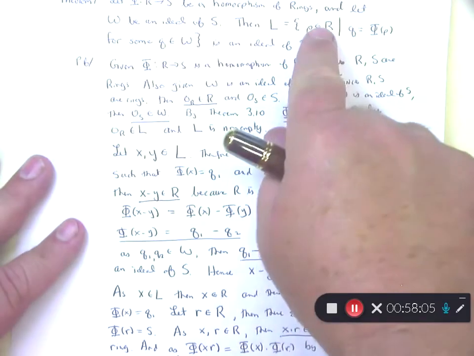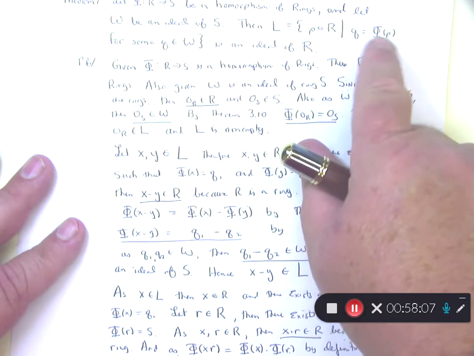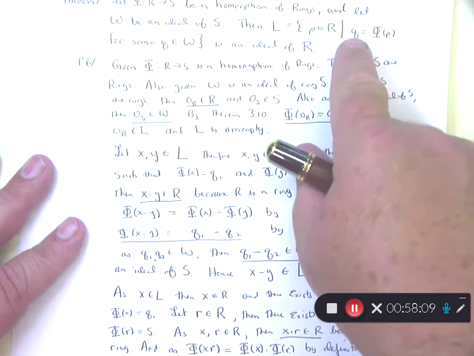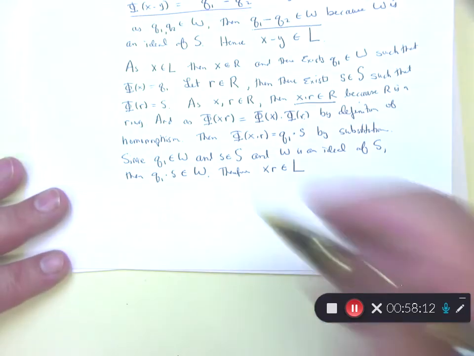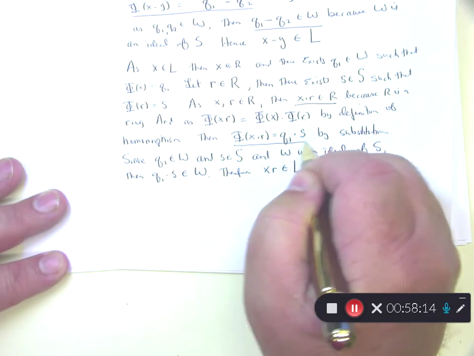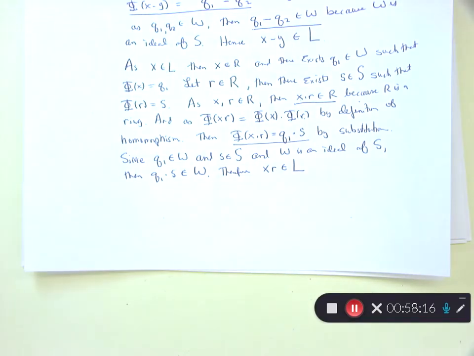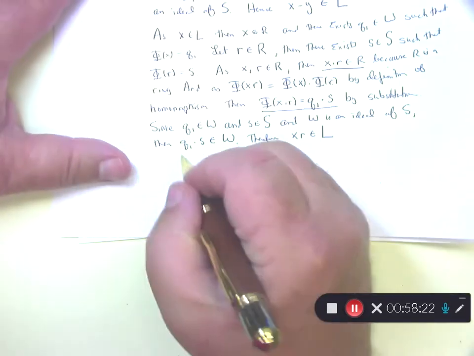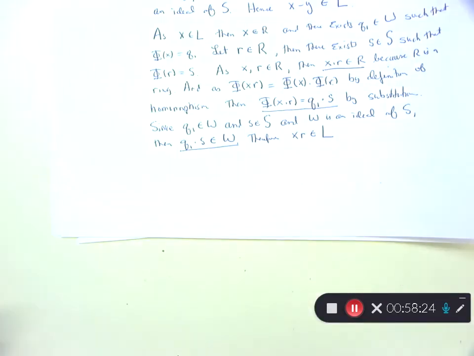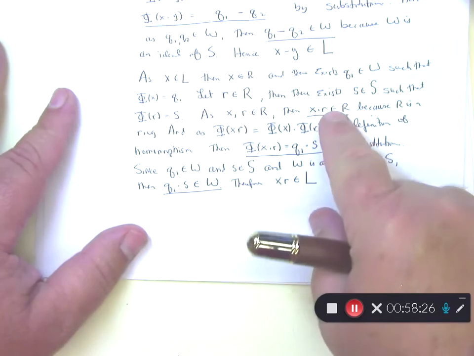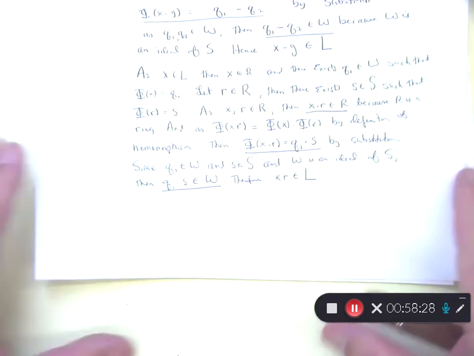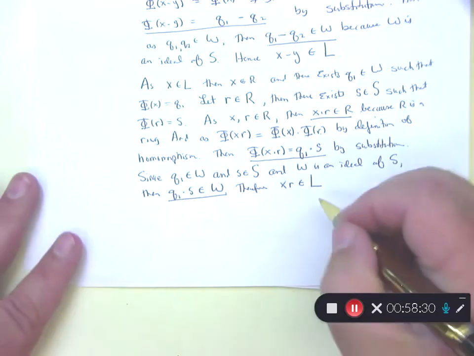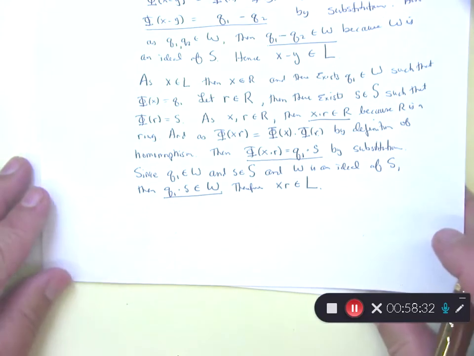Also, to be inside L, you've got the property that phi of x times r equals some dude. Phi of x times r is equal to, in this case, q1 times s, where that somebody is in W. So again, where I come from and what property I have satisfied, that's what puts x times r in L.